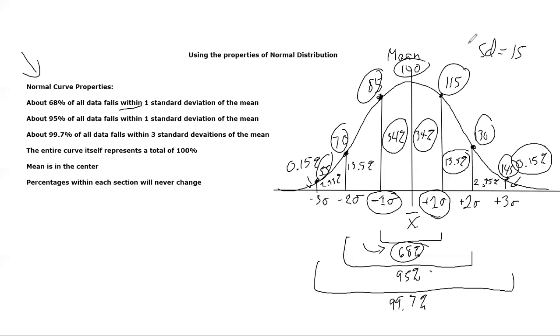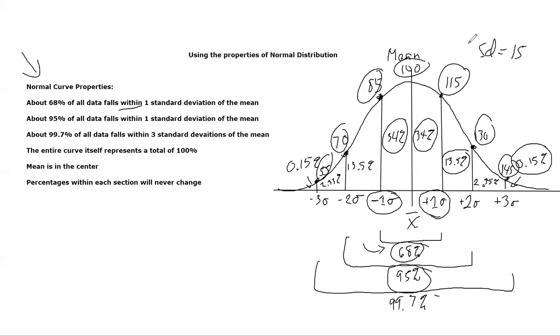Plus or minus 2 standard deviations of the mean represents 95% of the data, which means I added 13.5 plus 34 plus 34 plus 13.5 to get 95% of the information. That's within 2 standard deviations. Within 3 standard deviations, right, I added all the percentages in between the third points. That's 2.35% plus 13.5% plus 34 plus 34 plus 13.5%, plus 2.35%.